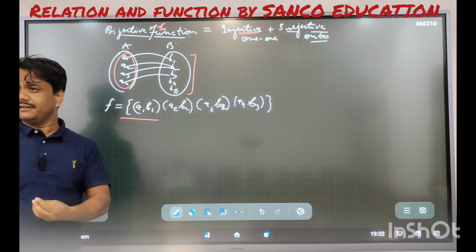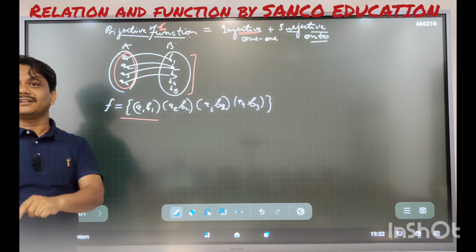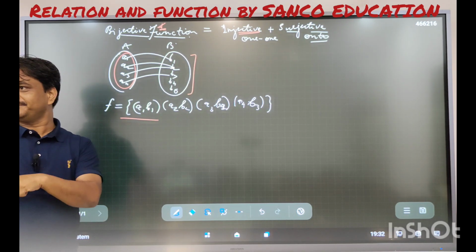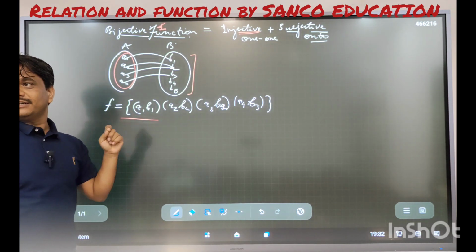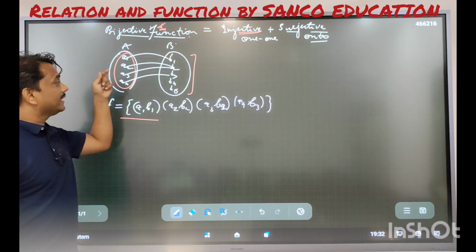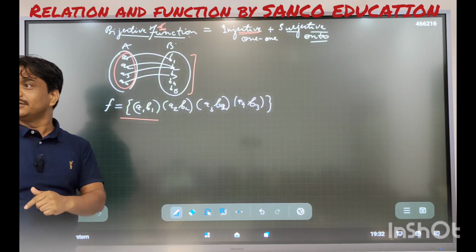Sir, you are giving the definition of function by speaking of relation. A function is a special condition of a relation. If I do not give the image of A4, then it will be a relation. But if I give the image of every element of set A, then it will be called a function.